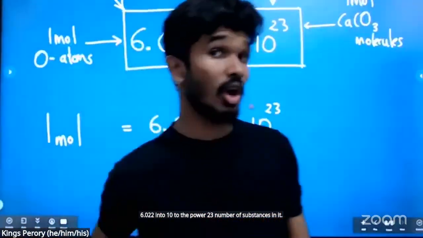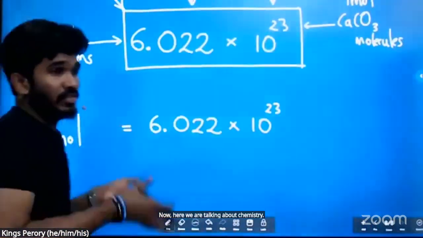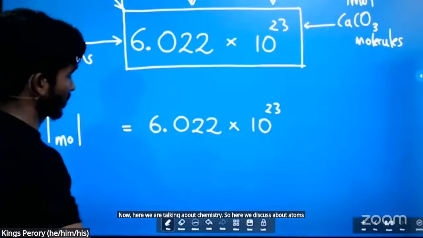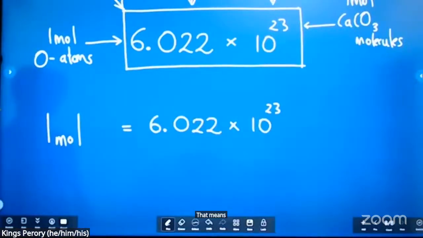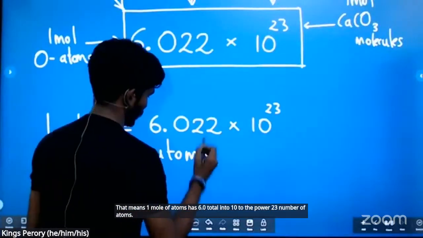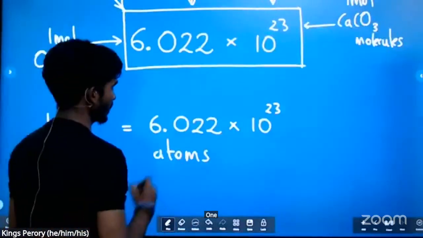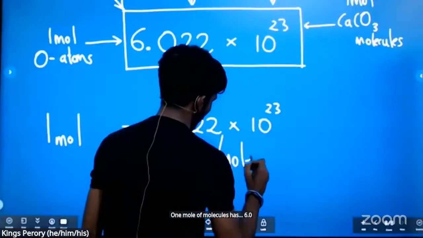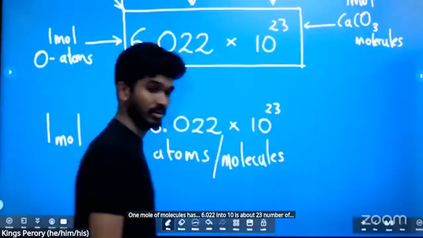Now here we are talking about chemistry, so here we discuss atoms and molecules. That means 1 mole of atoms has 6.022 into 10 to the power 23 number of atoms. 1 mole of molecules has 6.022 into 10 to the power 23 number of molecules.